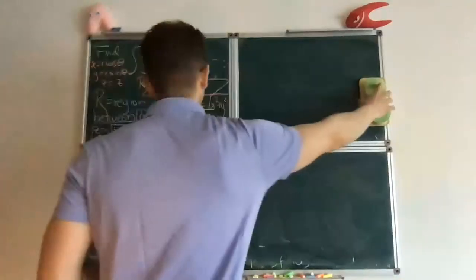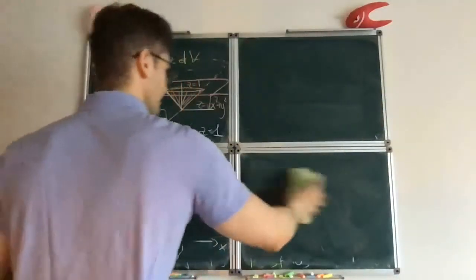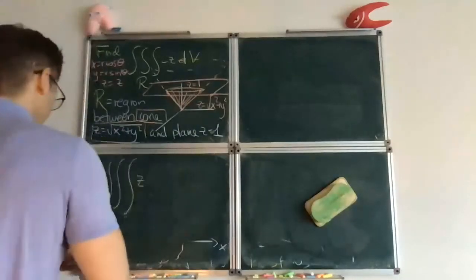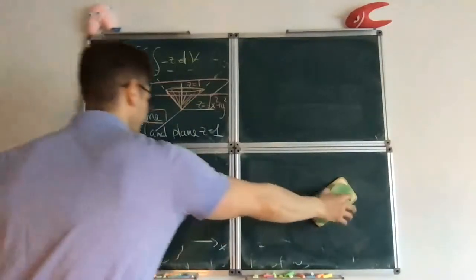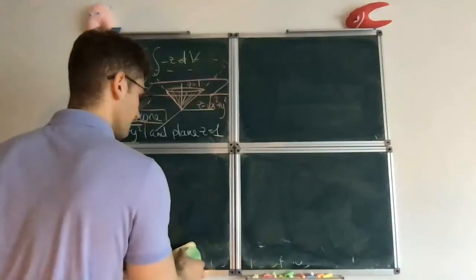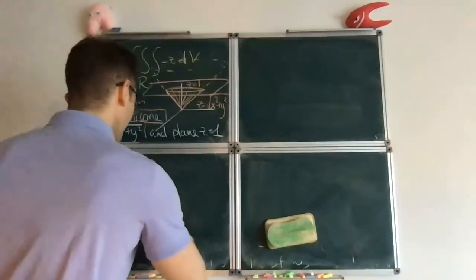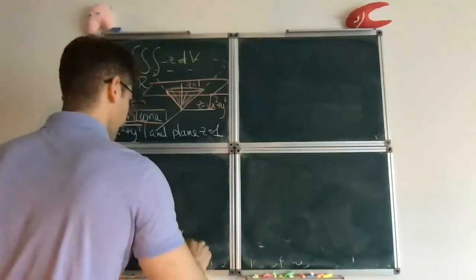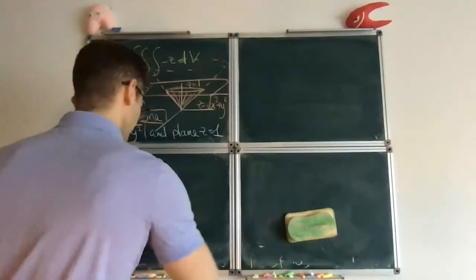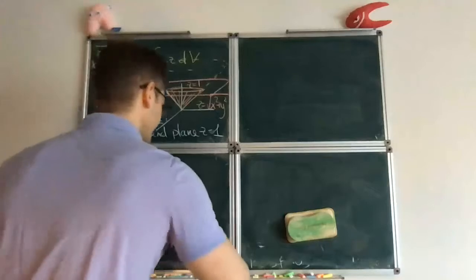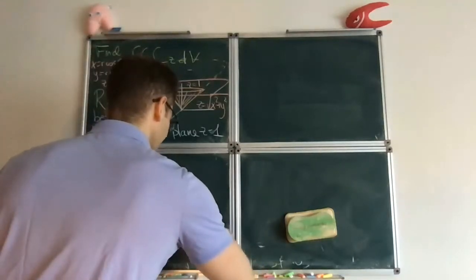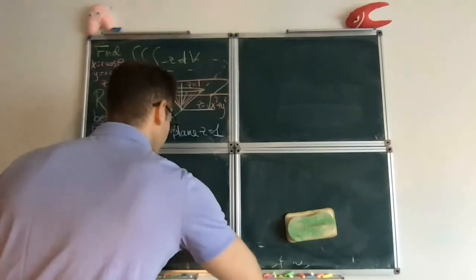So in this case, the important thing is the volume element, let me write it here. The volume element is the same as the area element in polar coordinates, which was r dr d theta.